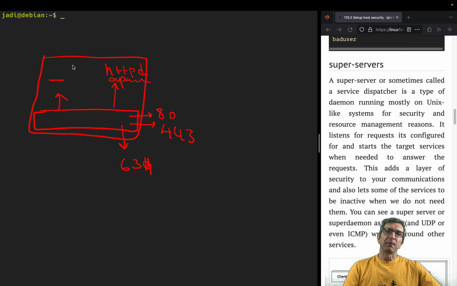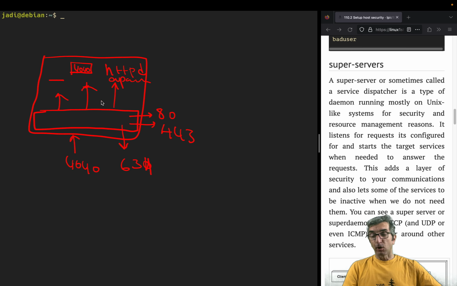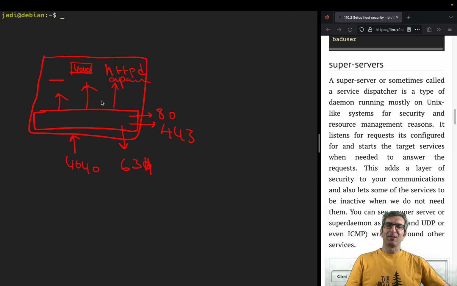If you had a malware which wanted to listen on 4040, it would ask the system admin, please configure your super server to accept 4040 and deliver it to me. Not very likely to succeed such a request.